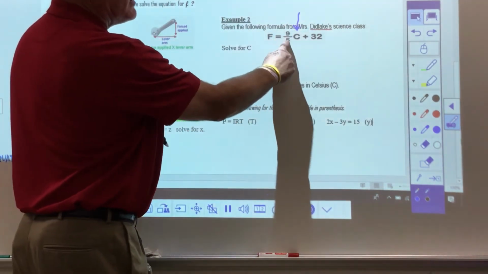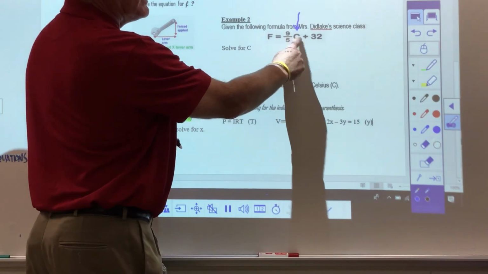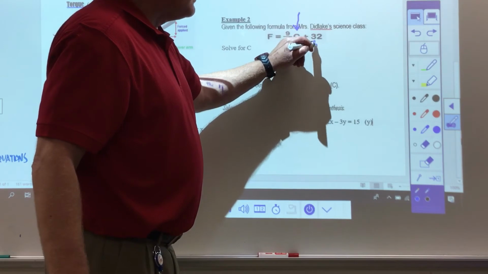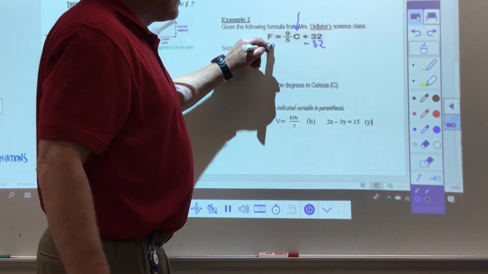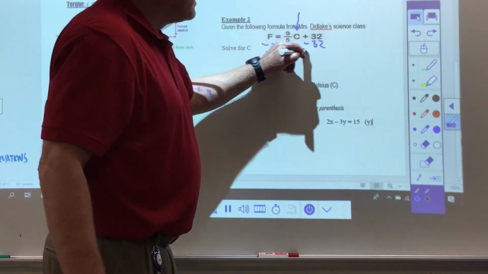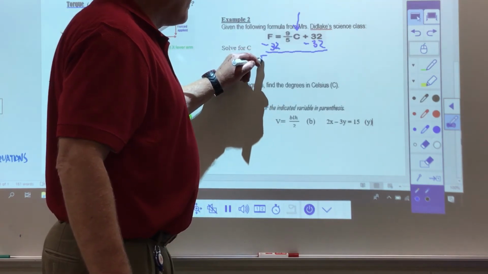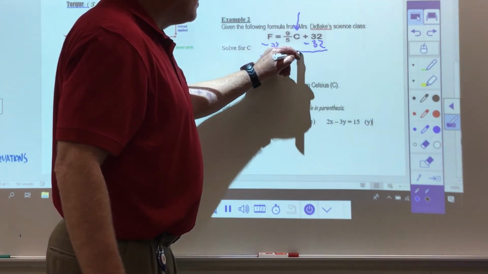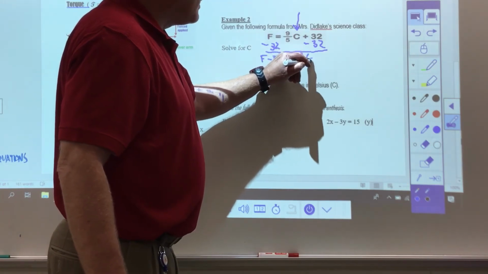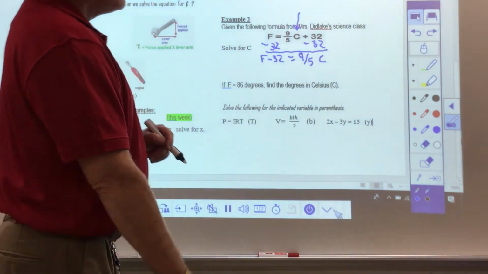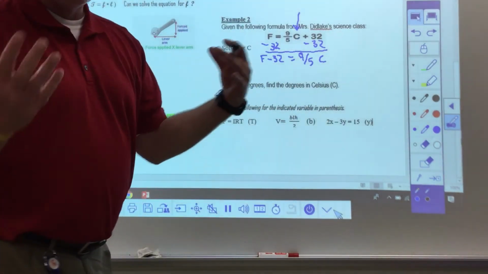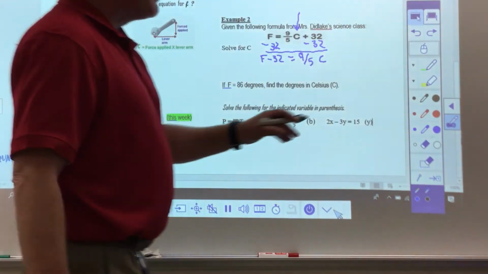So we've got to get rid of the 9/5 that's multiplying and dividing with the C and the 32 that's adding. So we're going to use the same playbook that we used last week and subtract 32 from both sides. We're going to get F minus 32 is equal to 9/5 C. Now we still want C by itself, so we got to get rid of that 9/5. And what we learned last week is we can multiply by its reciprocal.